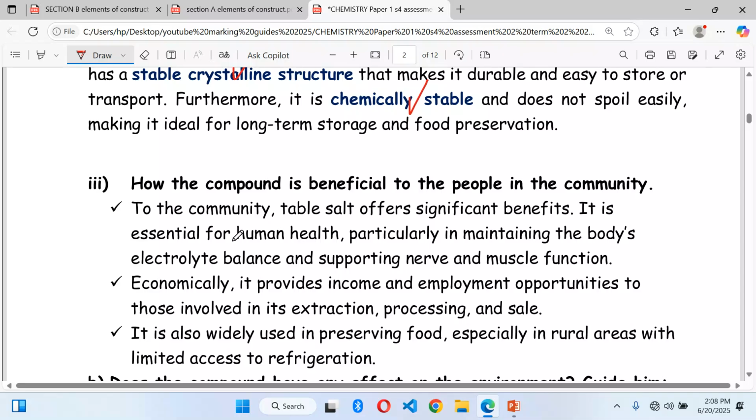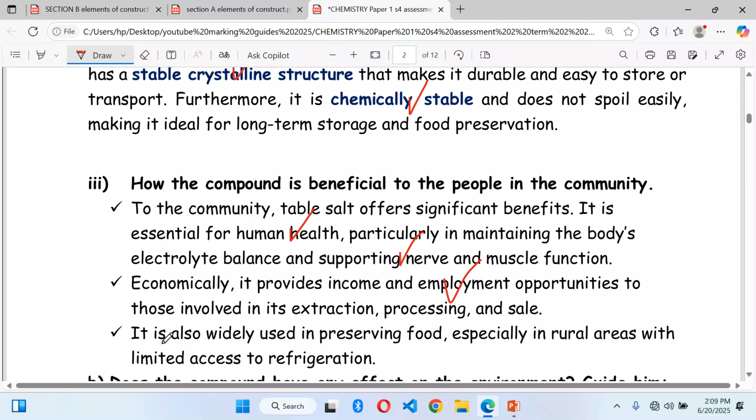Number 1, to the community, table salt offers significant benefits. Like what? It is essential for human health, particularly in maintaining the body's electrolyte balance and supporting the nerve and muscle function. Economically, it provides income and employment opportunities to those involved in its extraction, processing, and sale.